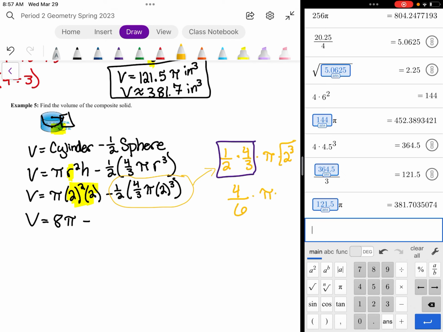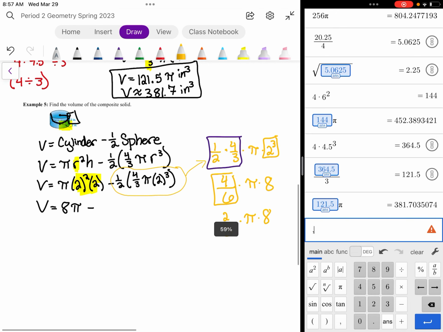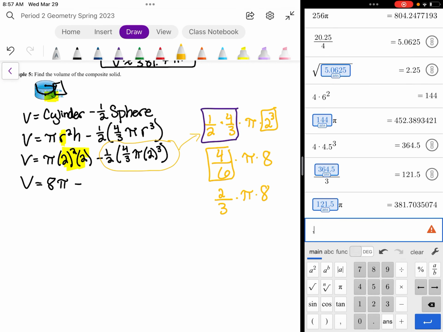Times pi, and then 2 cubed is 2 times 2 times 2, which is going to give us 8. I'm going to simplify this because it's going to make it easier to change it to 2/3 times pi times 8. So then when you take a whole number times a fraction, you take the top number times the whole number. So that's going to give us 16/3 pi.